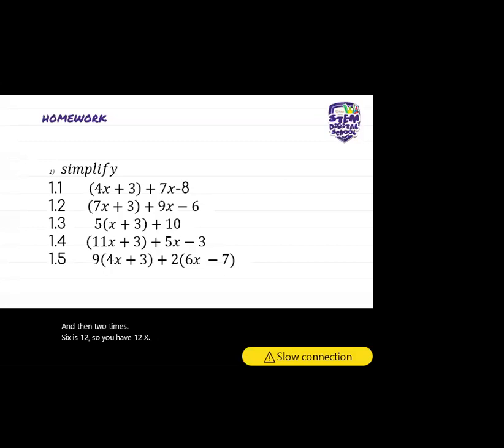Remember that if you multiply 2 by negative 7, you get 14. So this is basically what the expression will look like. And then after, you can just group the like terms together. And then, of course, you'll have 27 minus 14.